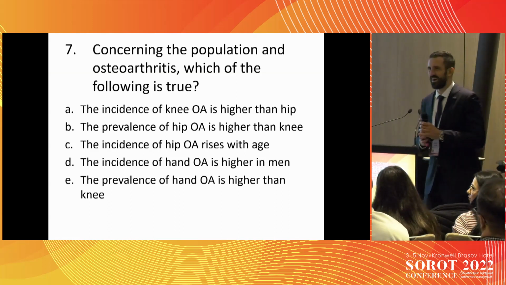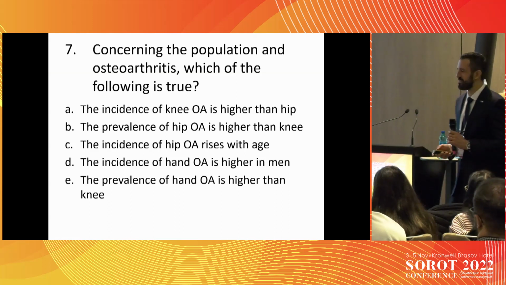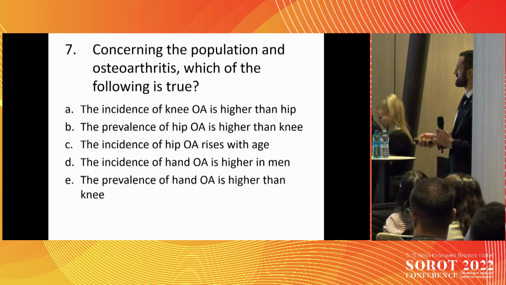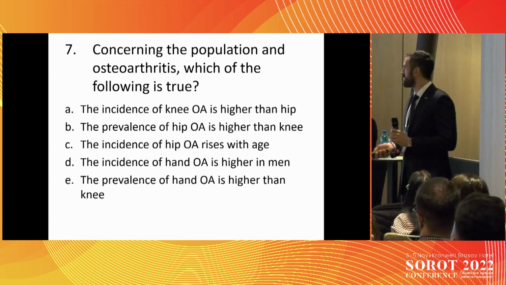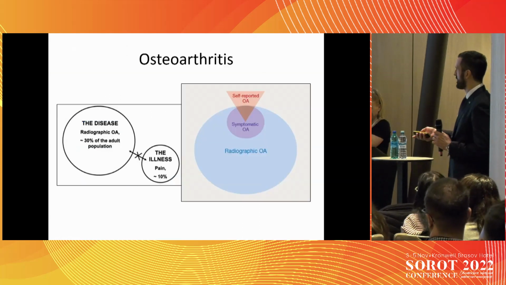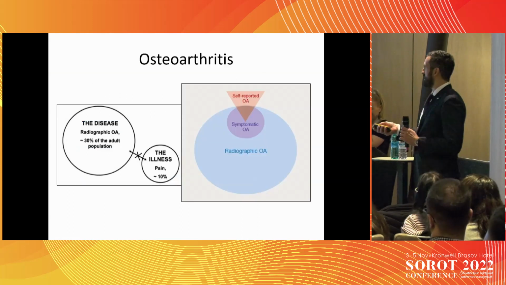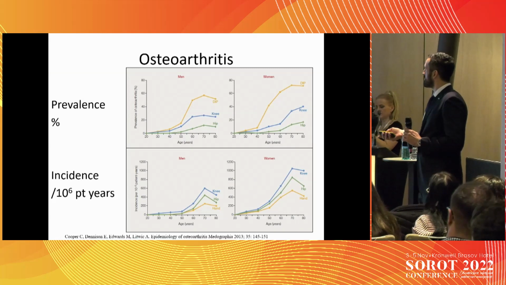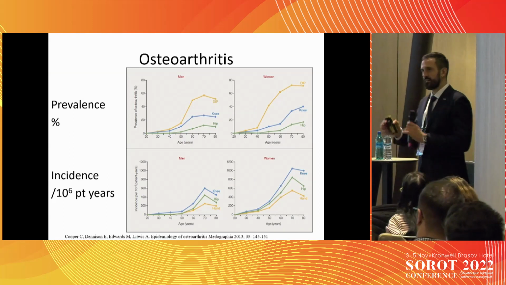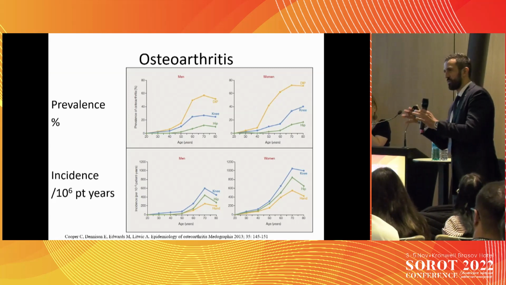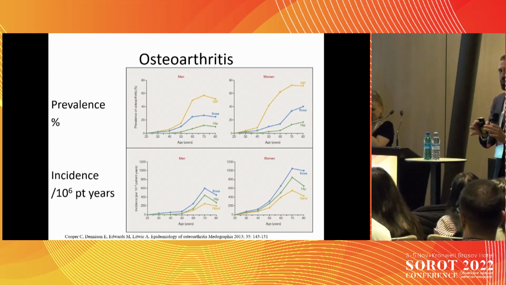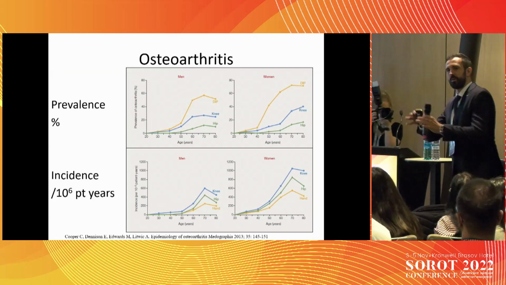I would say knee OA is more common. Now we have to know what is incidence and what is prevalence. So, the incidence of knee OA is higher than hip. Prevalence is how many persons with that disease there are in the population. Incidence is the number of new cases per year.